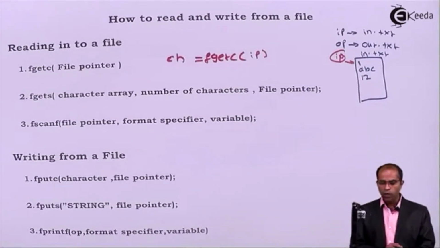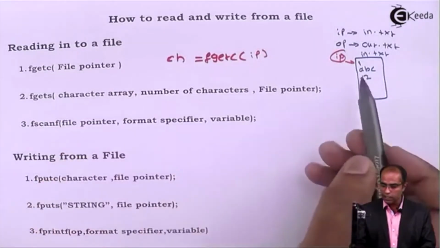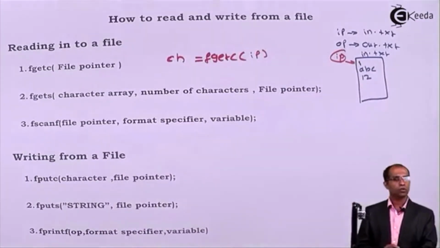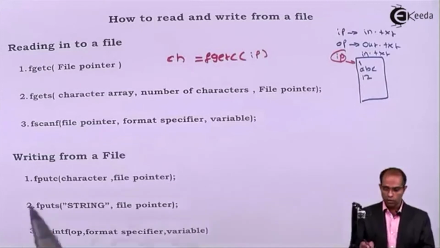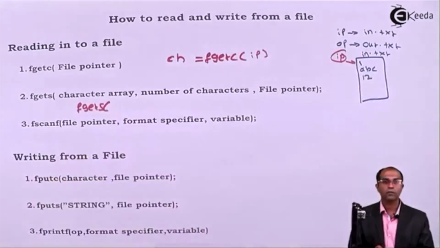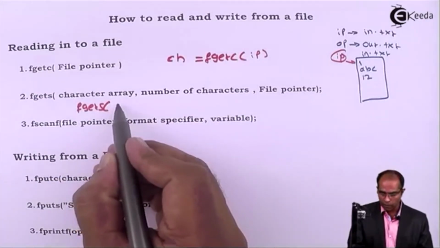Now, what if I have to read a complete string or the complete contents of one line as a string? In that case, I'll use the function called fgets. Since I want to store this entire content as a string, obviously I have to define a character array. So I'll say fgets and then the character array, let me say C1.